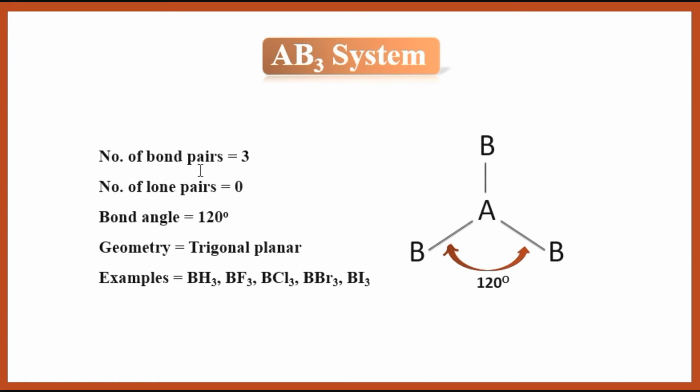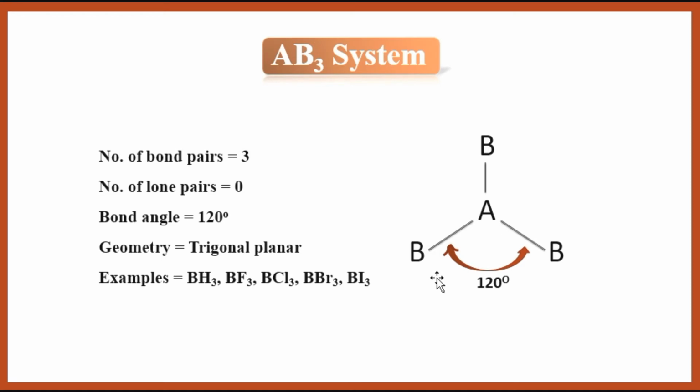So there are 3 bond pairs of electrons and no lone pair of electrons. Hence, if we draw these 3 bond pairs at the maximum distance, these 3 ligands are placed at the corners of a triangular shape, where the bond angle between B-A-B comes out to be 120 degrees.